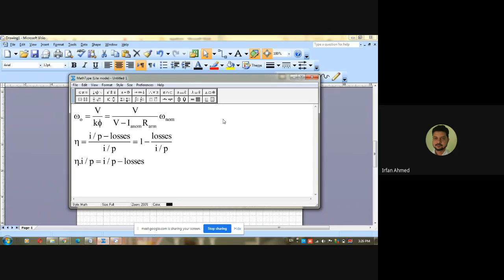What does that give us? Losses is equal to input minus input into efficiency. If I take input common, it becomes 1 minus efficiency multiplied by the input. And what is the input power?